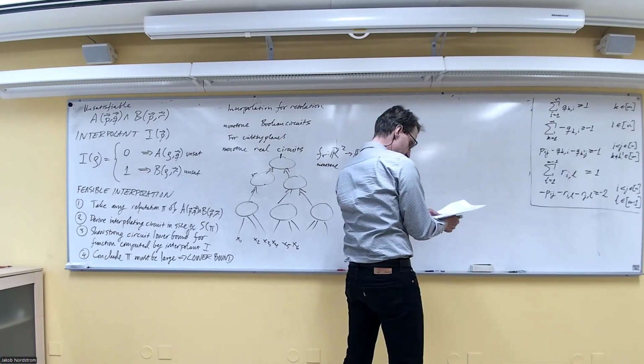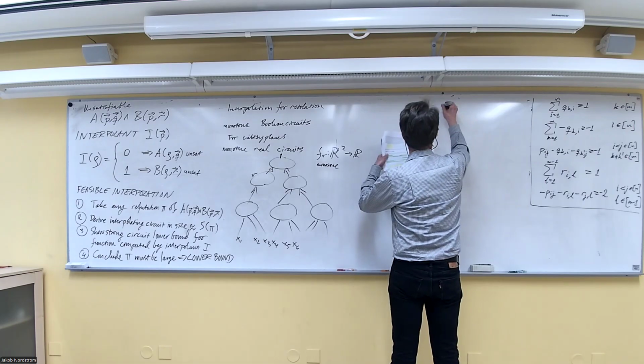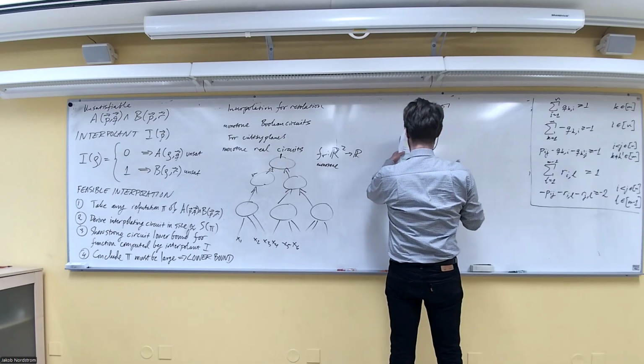So in brief form, let's suppose that we have a bunch of inequalities that look like this.